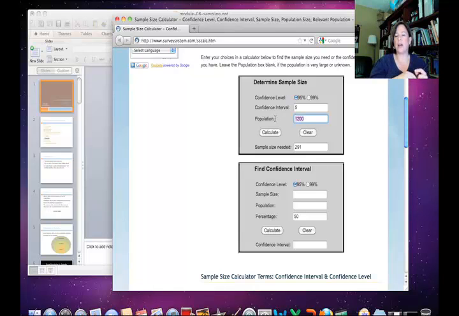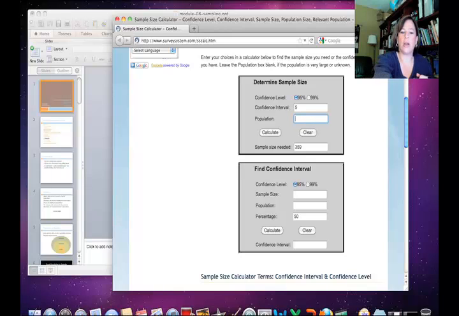Another survey that we do is a student satisfaction survey, and that's of all currently enrolled students. My population for that is all currently enrolled students, let's say 5,400 students. I want the same confidence level, the same confidence interval. I press calculate. In order to be representative of that population, all currently enrolled students, I need to have 359 people complete my survey.